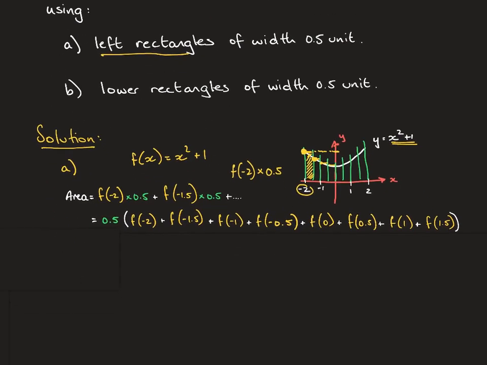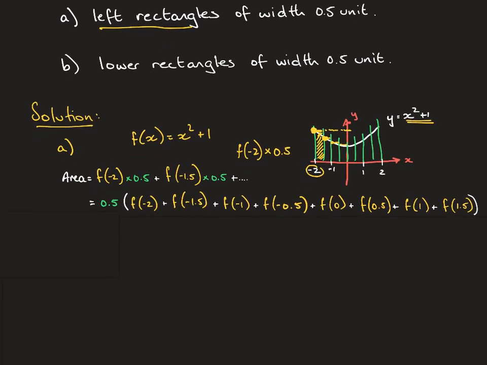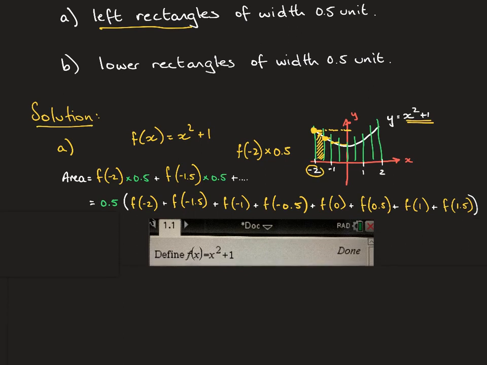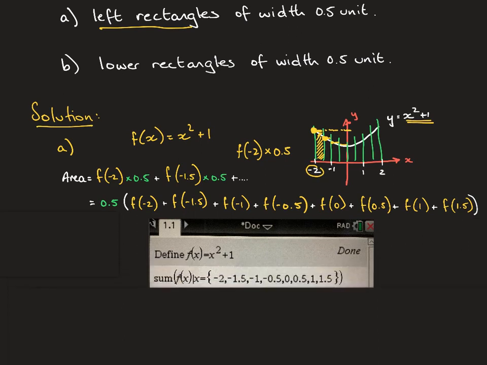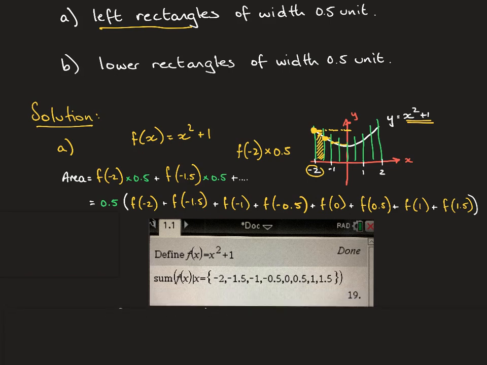What I'm going to do is get my CAS calculator to do it for me. So let me just move this out the way. So here's my CAS calculator. I've defined the function, and then I've asked it to find, and you'll notice this, it's a little bit weird, but I've asked it to find the sum of f of x, given that x is each of these values in turn.